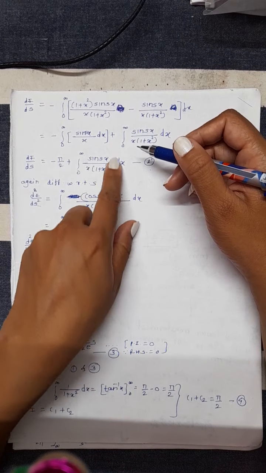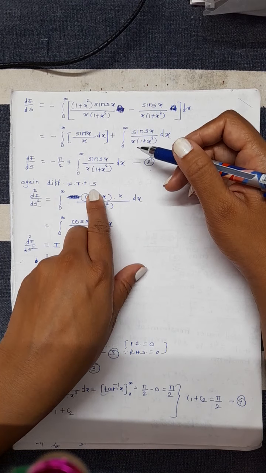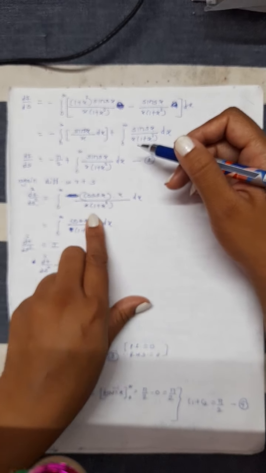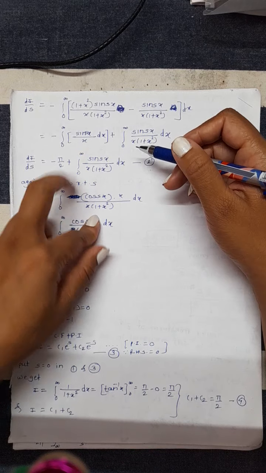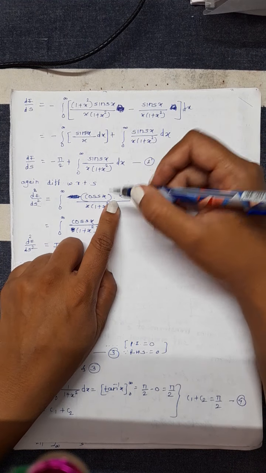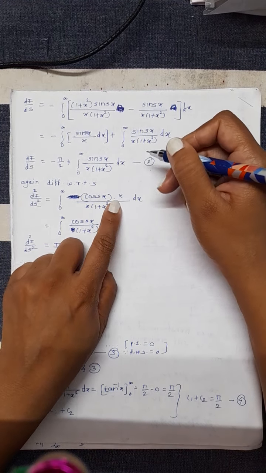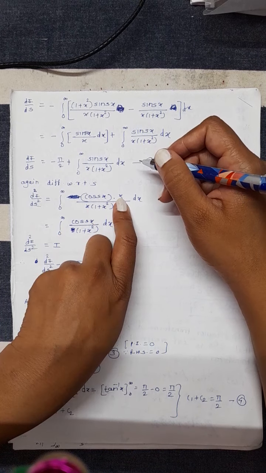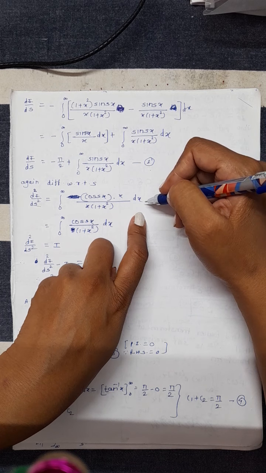Now we have to take the derivative of this term with respect to s. s is present in sin sx only, that's why this denominator is constant as it is, and the derivative of sin is cos sx into the derivative of the angle with respect to s, which is x. dx as it is.